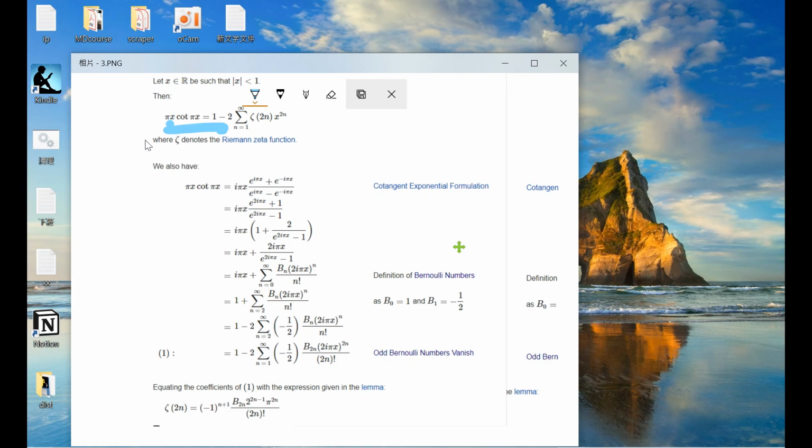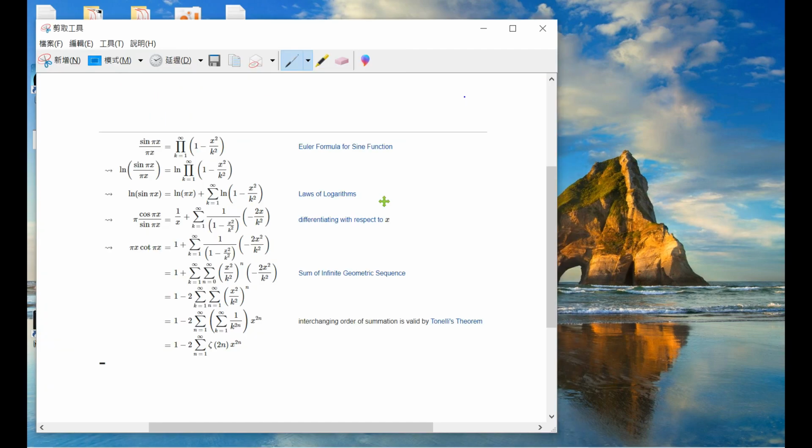We can compare this to this, and then we get our coefficients. The remaining thing is to check how pi x cotangent pi x is equal to this one. So we prove our lemma.